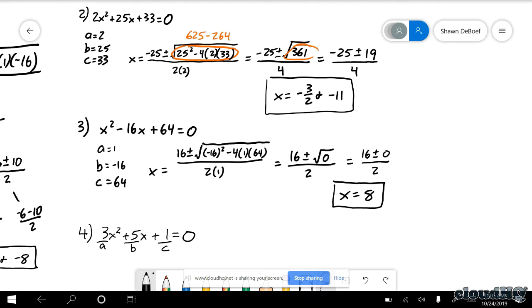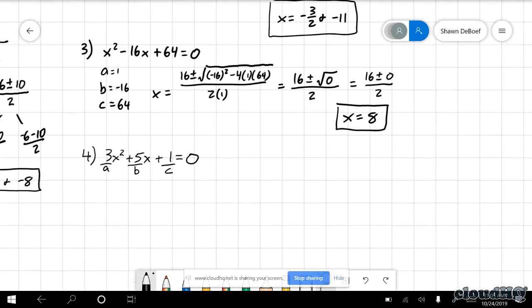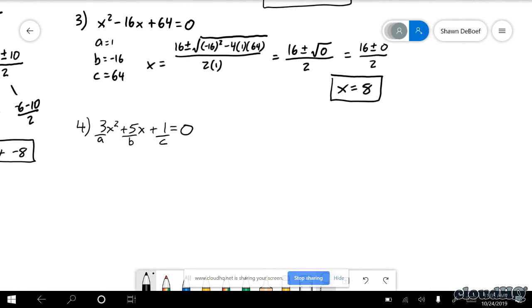All right, so we're going to look at this next one. 3x squared plus 5x plus 1 is equal to 0. Our 3 is our a, our 5 is our b, our c is our 1. Negative b, so negative 5 plus or minus the square root of 5 squared minus 4 times 3 times 1, all over 2 times 3. 5 squared is 25.